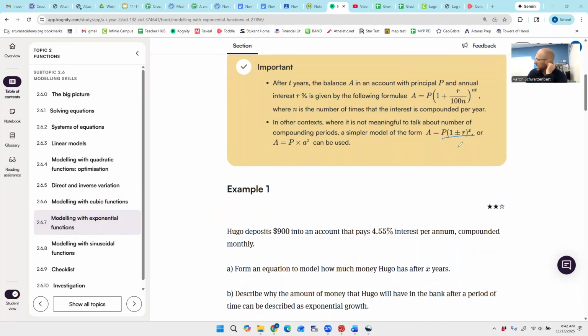With decay, it's 1 minus. If we look at it as a times b to the x, b is greater than 1 for growth, and b is between 0 and 1 for decay.